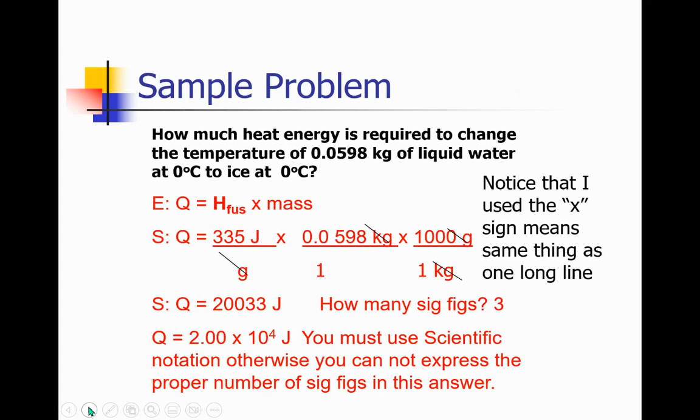So how much heat energy is required to change 0.0598 kilograms of water at 0 degrees Celsius to ice at 0 degrees Celsius? So our formula becomes Q equals HM. When the temperature is not changing, you do not use the change in temperature formula.